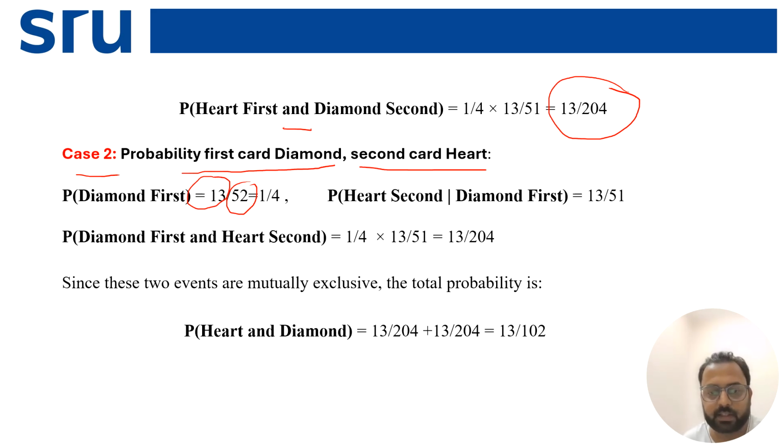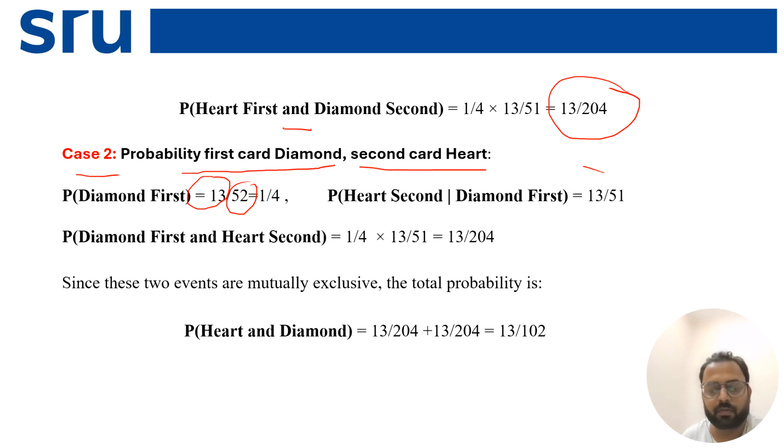And after selecting, we are not putting the card back into the collection because it is given in the problem: without replacement. So the total number of cards decreases from 52 to 51.